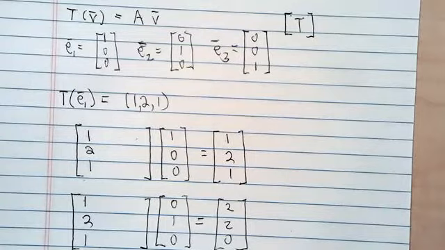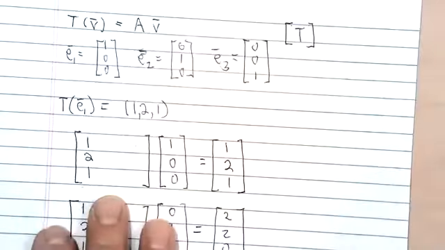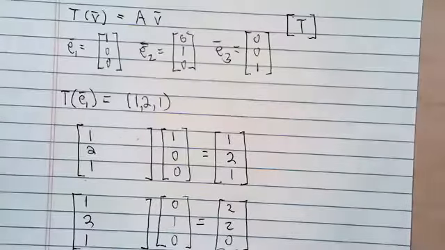Okay, that was my question. That was a lot of words, but that's just a question. That's not the answer. The answer is yes, if this transformation matrix turns out to be invertible.